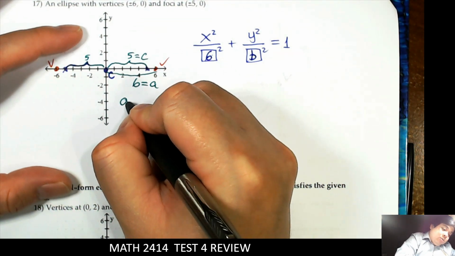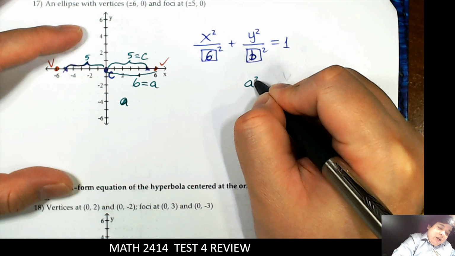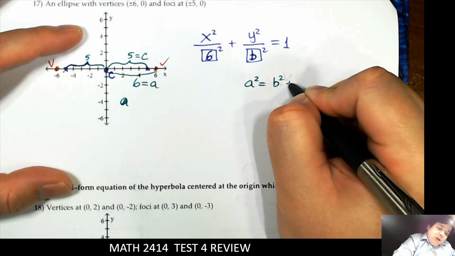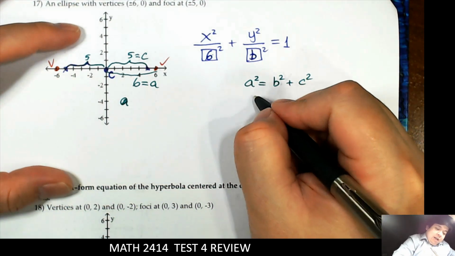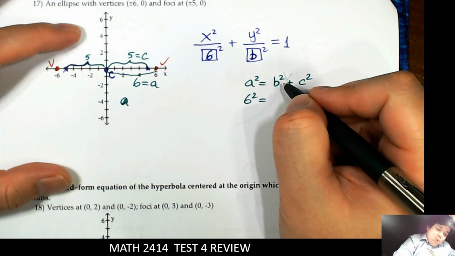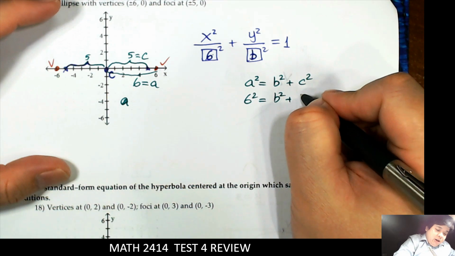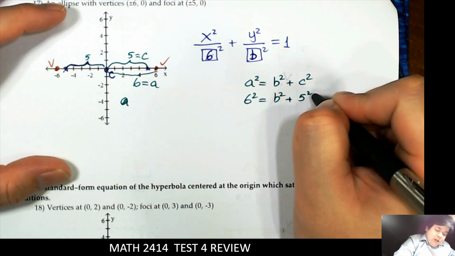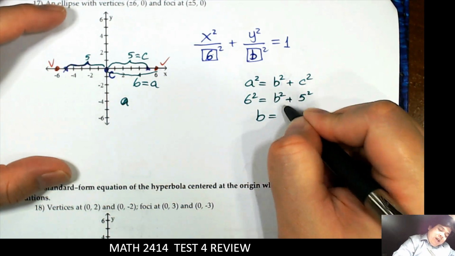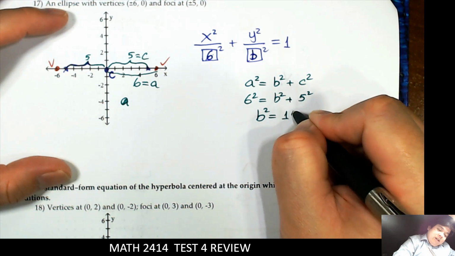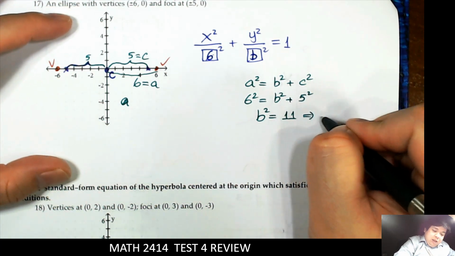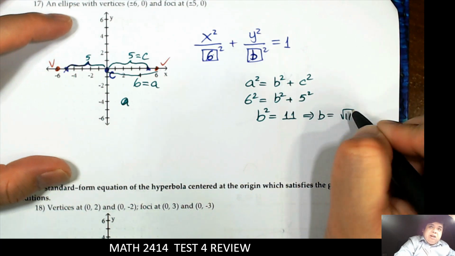So we're going to have a squared equal to b squared plus c squared. a is 6 squared, b squared we don't know, c squared is 5 squared. So we solve for b and we have b squared is 11. So b is square root of 11.